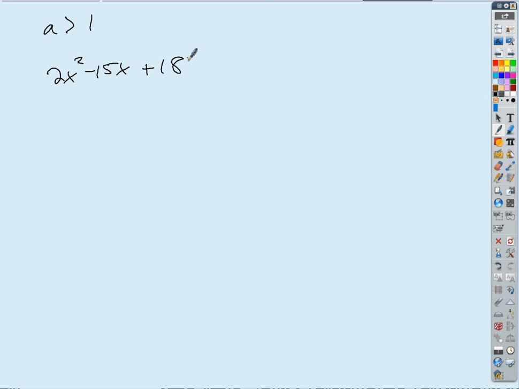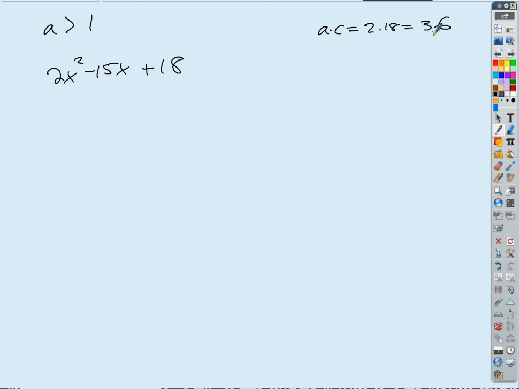Okay, how did you guys do this? I don't remember, but I know this. I have never heard of this in my life. Okay, so you found magic numbers, you multiplied 2 times 18, and we'll go through all this tomorrow. But we would do 2 times 18, you always multiply A times C, which would give us 36, and then what?